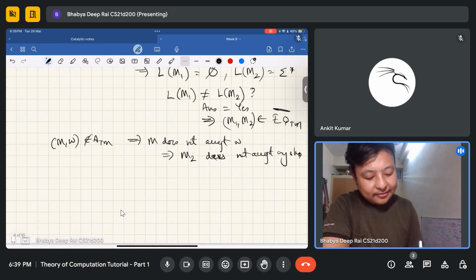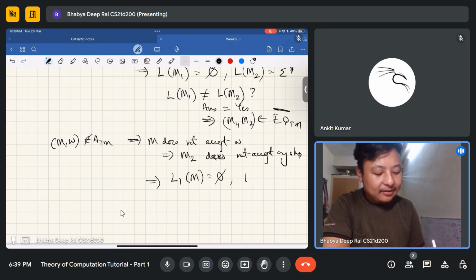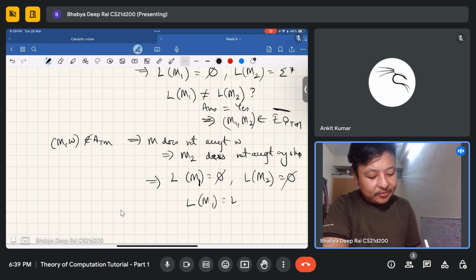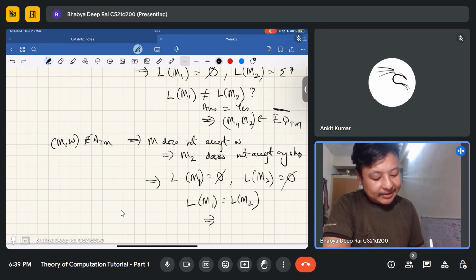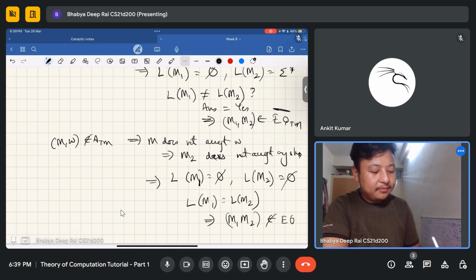L of M1 was already empty, but since M2 also does not accept any string, L of M2 is also empty. So hence L of M1 equals L of M2. So this means that M1, M2 is not in EQTM.